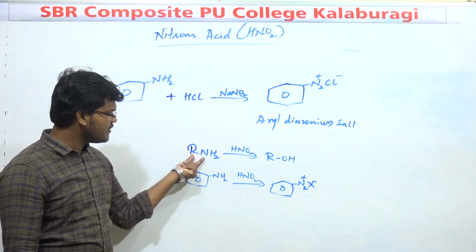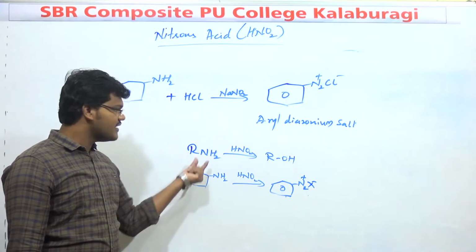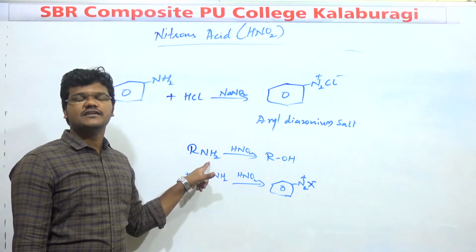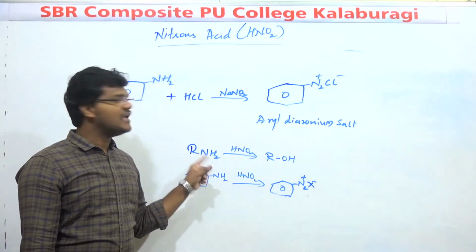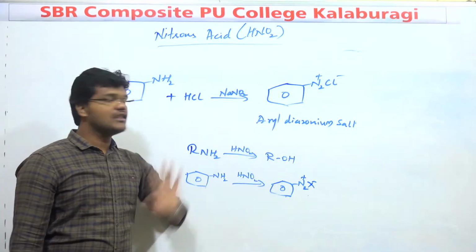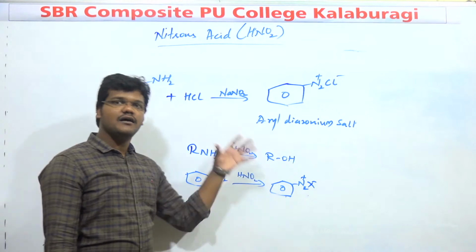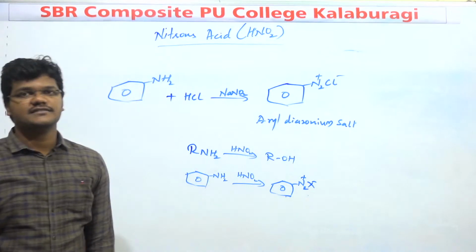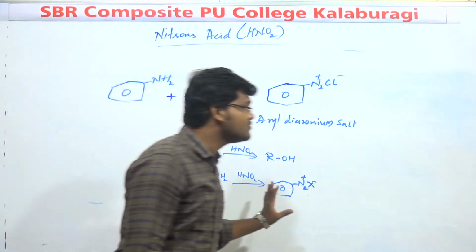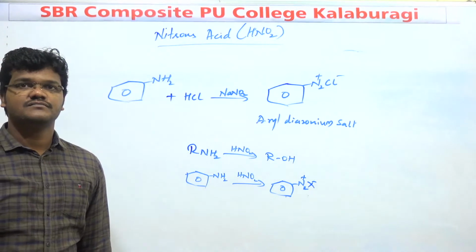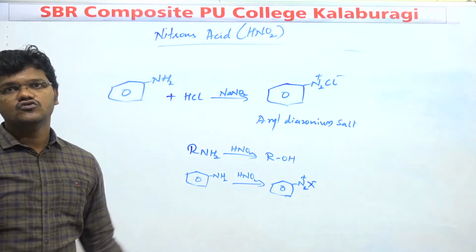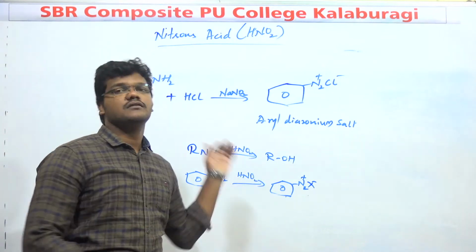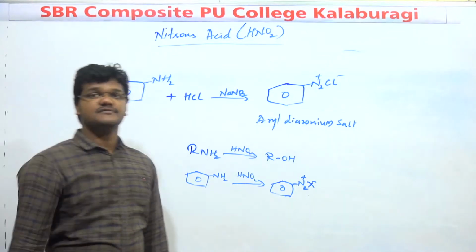So this is the difference: alkyl amine gives alcohol, aryl amine gives benzene diazonium salt. Alkyl amines also form diazonium salts, but those are unstable, and that is why at the end I get alcohol. So this is how primary amines react with nitrous acid. Clear? So this is the reaction of amines with nitrous acid.